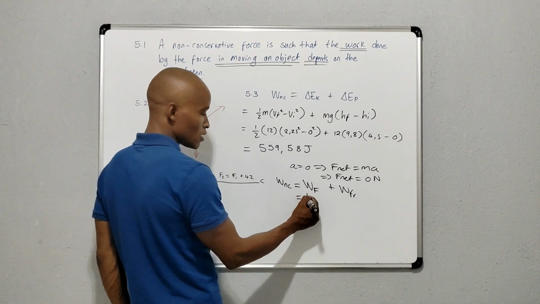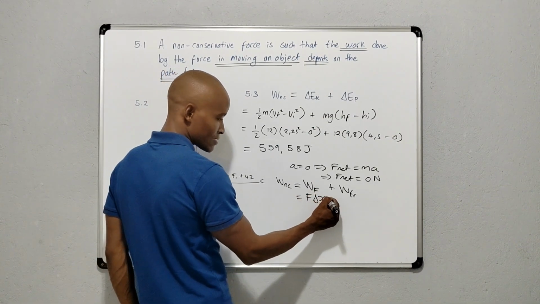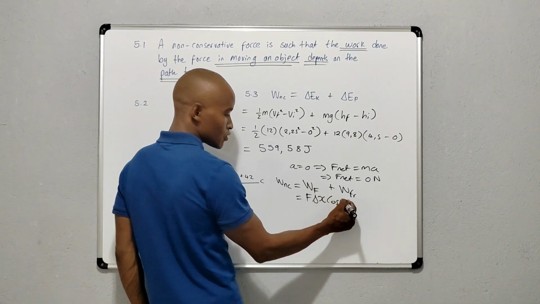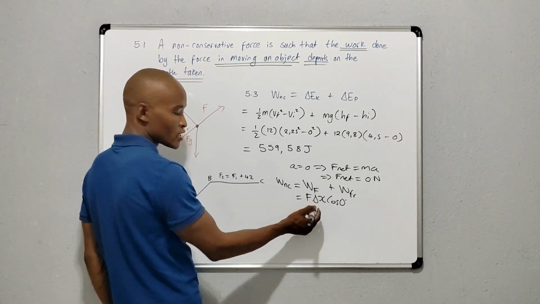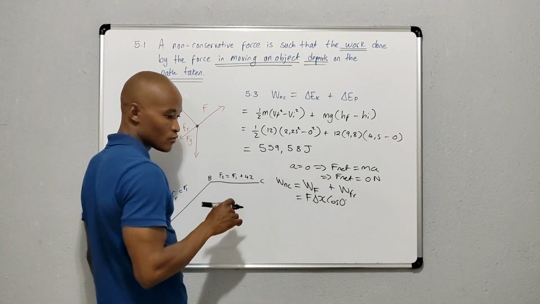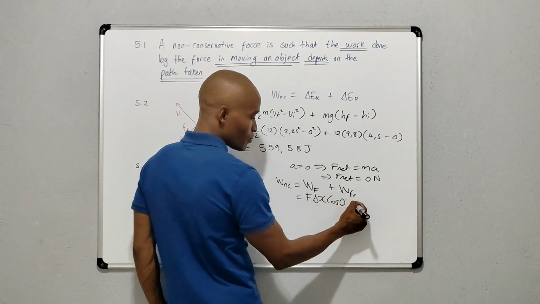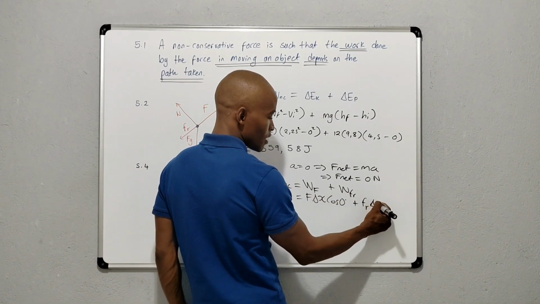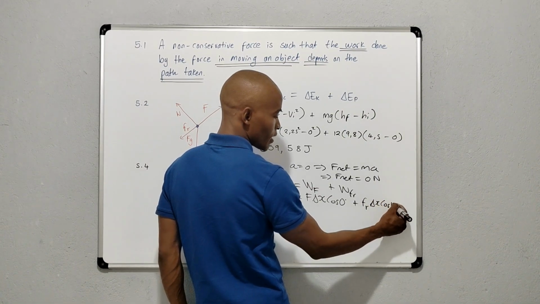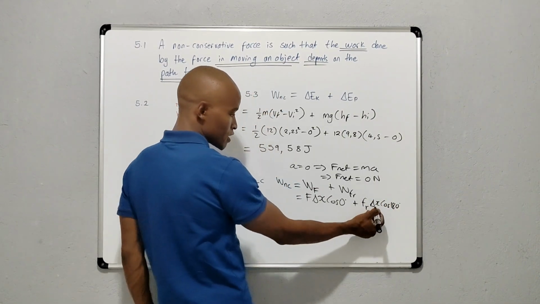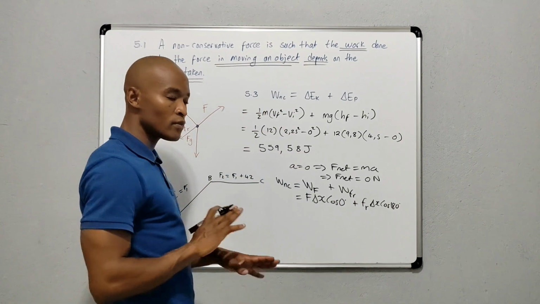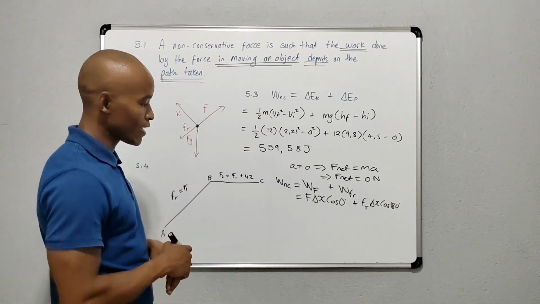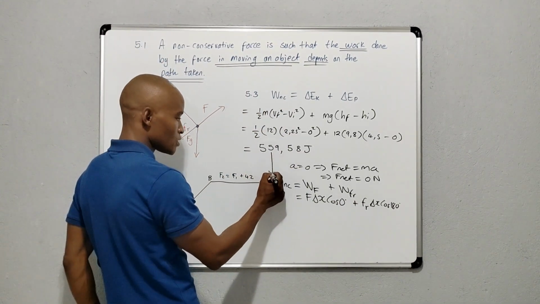If we expand this, it's F changing x cos of what? 0 degrees, because it is in the same direction as the direction of motion, the displacement, plus frictional force changing x cos of what? 180 degrees. Why? Because friction and direction of motion, they are in opposite direction. Okay, so this guy comes in there.